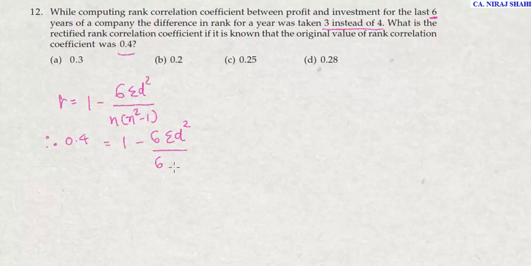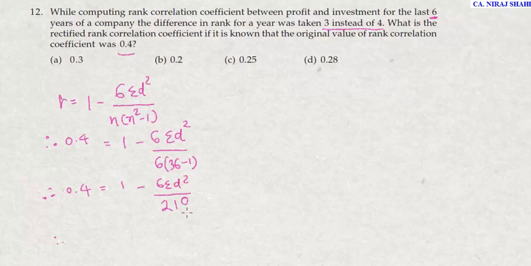So it is going to be 6 into 36 minus 1. So this is 0.4 is equal to 1 minus 6 sigma d square divided by 36 minus 1 is 35 into 6 is 210.